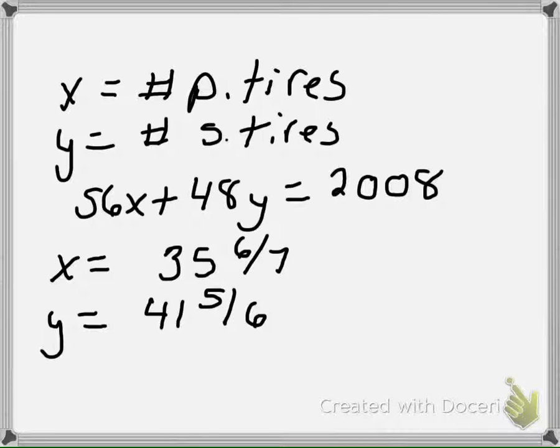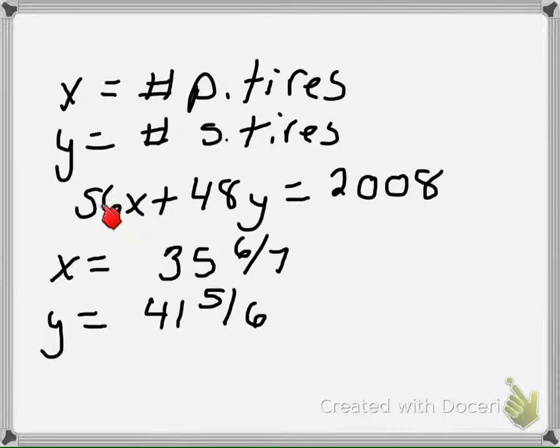The interesting thing about this problem is what you get for your x and y intercepts, but here we go. So I did x being representative of the number of Prestige tires and y being the Supreme tires, and it's totally okay if you switch these around. You don't have to do it the same way.